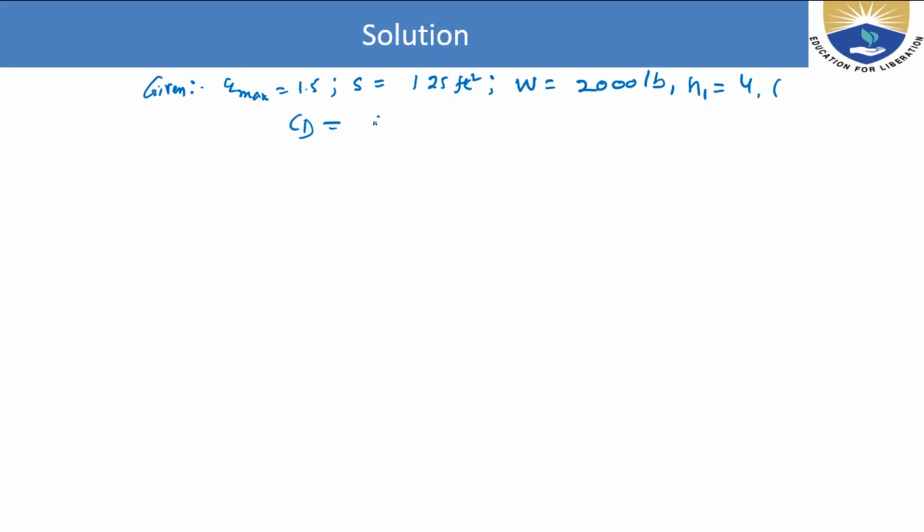In this case, it is given that CL max is equal to 1.5, area is equal to 125 feet square, weight of this aircraft is 2000 pound, load factor N is given 4, the relation CD is equal to 0.02 plus 0.05 CL square.